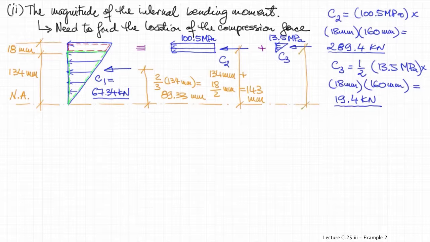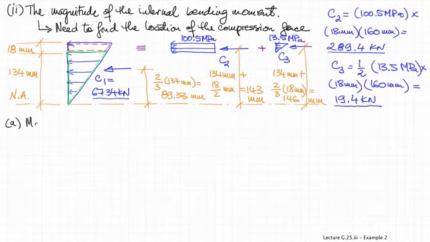And C3 would be located at 134 millimeters plus 2/3 of the thickness of the flange. So that would be a total of 146 millimeters measured again from the neutral axis.